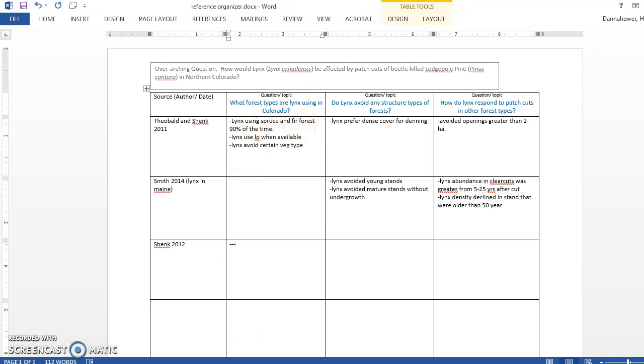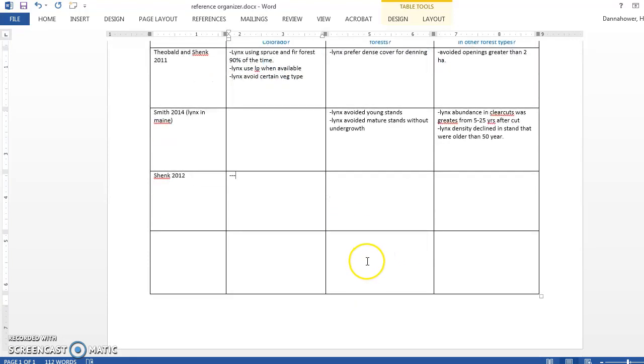I could write a whole section now just from this information, and every time I cite one of these pieces of information, I can easily add in my source, Theobald and Schenk or Smith 2014, and I can do my in-text citations correctly in the right place with the right information. Then I'm ready to do my next section of the paper, and I have this already done.